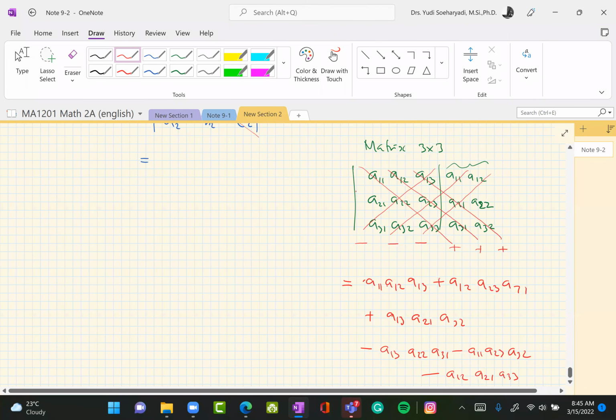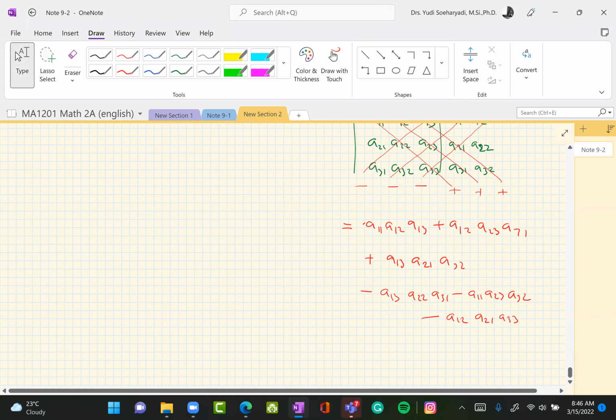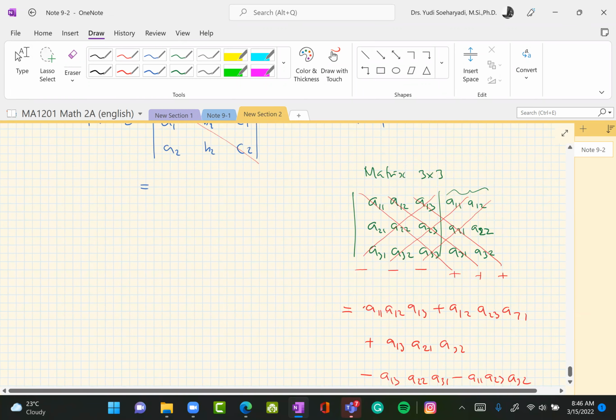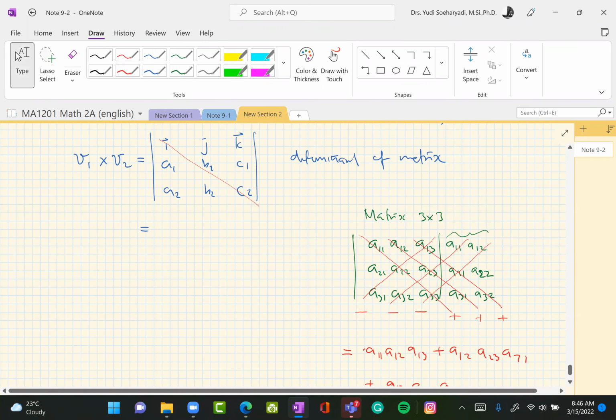If you're going this way, follow this for the plus sign, so you add, and follow the other diagonal for the minus sign. So the cross product is the sum of all of this. It's kind of complicated, but you can do it.